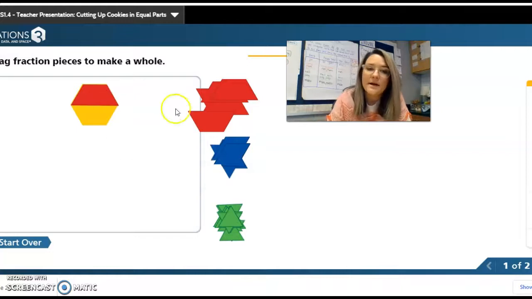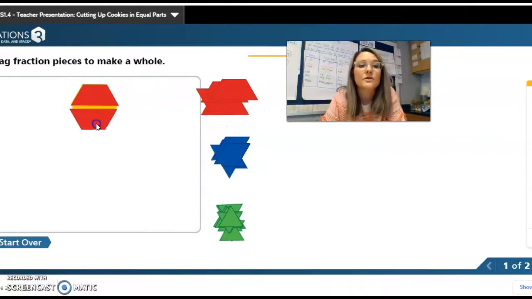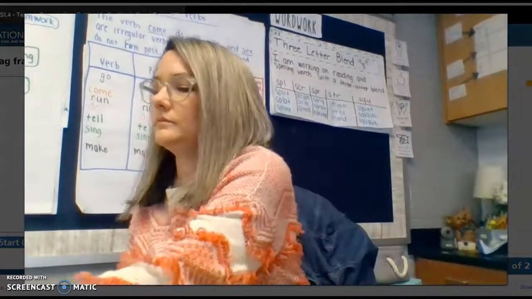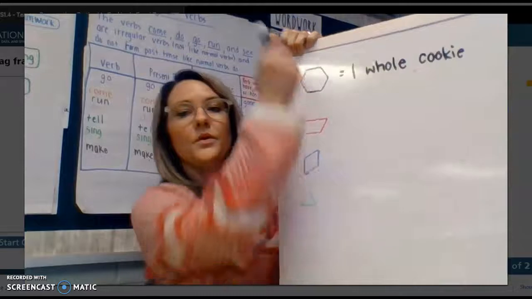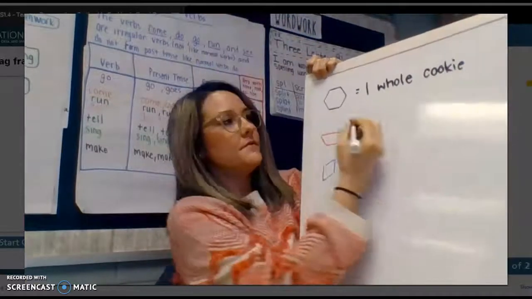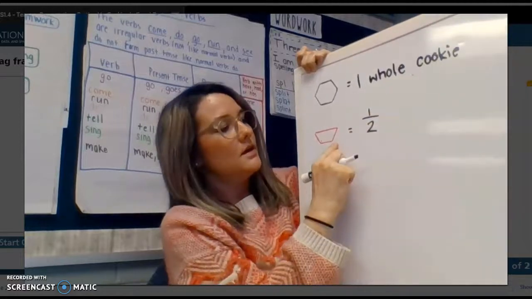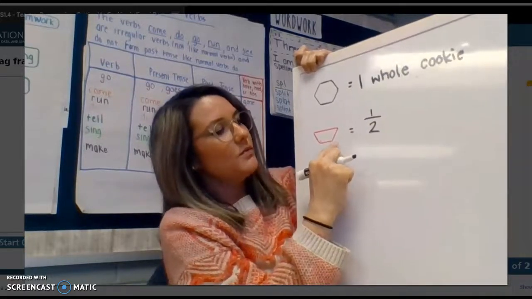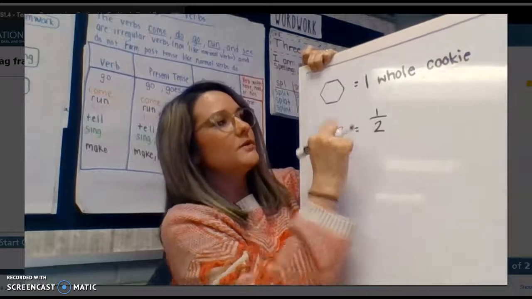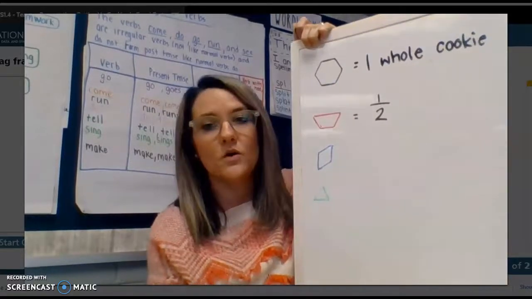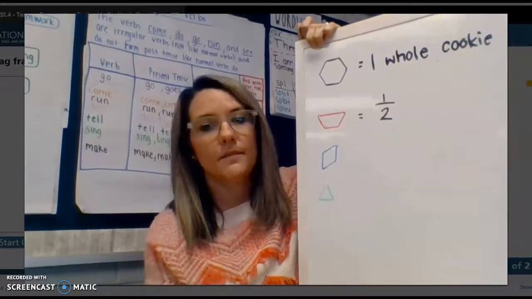Okay, so we have 1 trapezoid out of 2 that would make 1 whole. So your trapezoid would be 1/2 of the whole cookie. Okay, so 1 trapezoid would be 1 out of 2 trapezoids that would make 1 whole hexagon cookie.